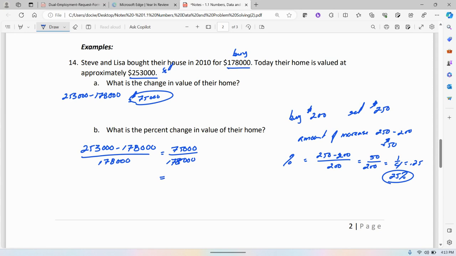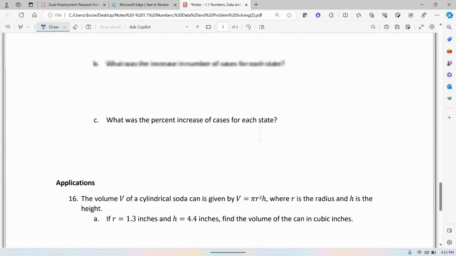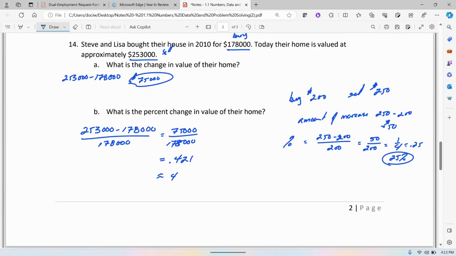If I do 75 divided by 178, I get a decimal of 0.421. I'm rounding to 3 decimal places. So that's approximately 42.1%. Let me clean that up. So that's an increase of approximately 42.1% increase, and so that's their percent change. Okay.